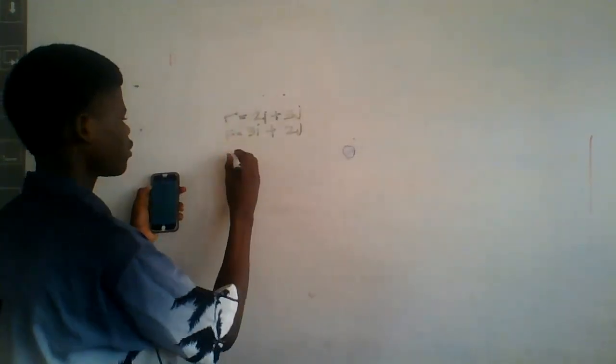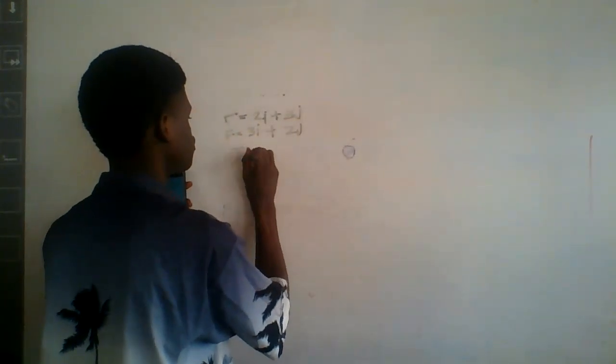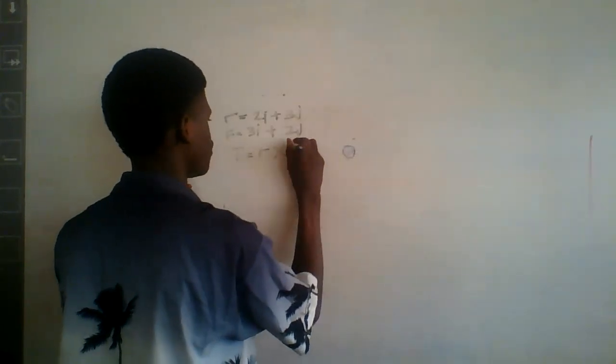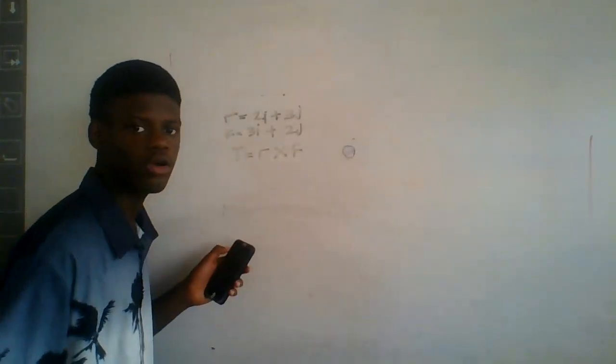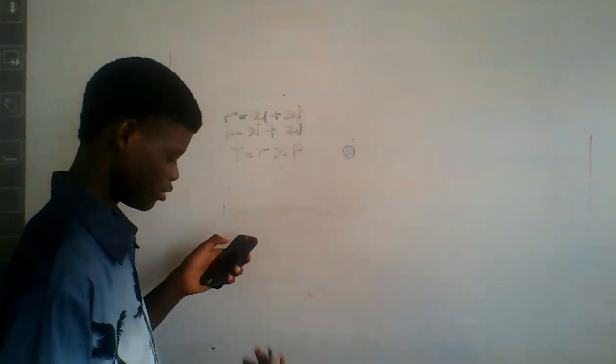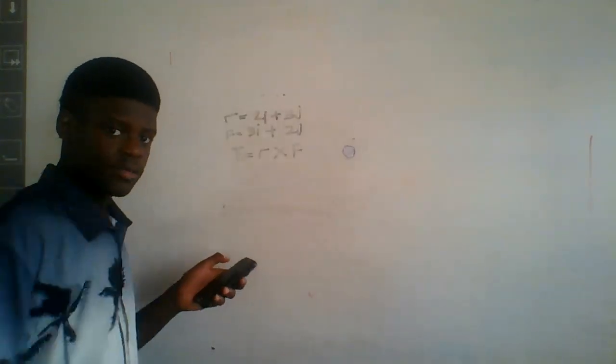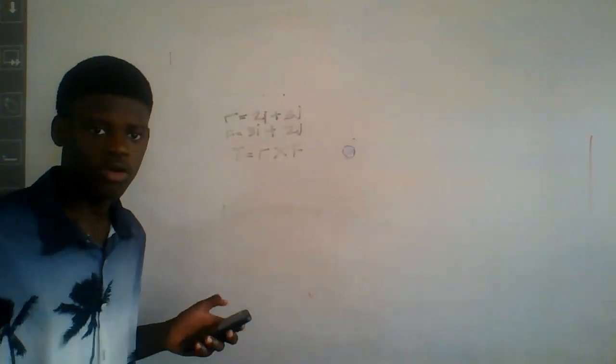You know that torque T is equal to R cross F. I've told you it's R cross F, not F cross R. So T is R cross F.